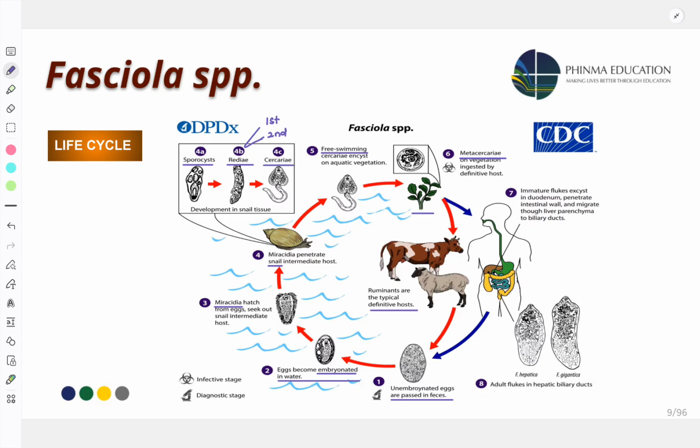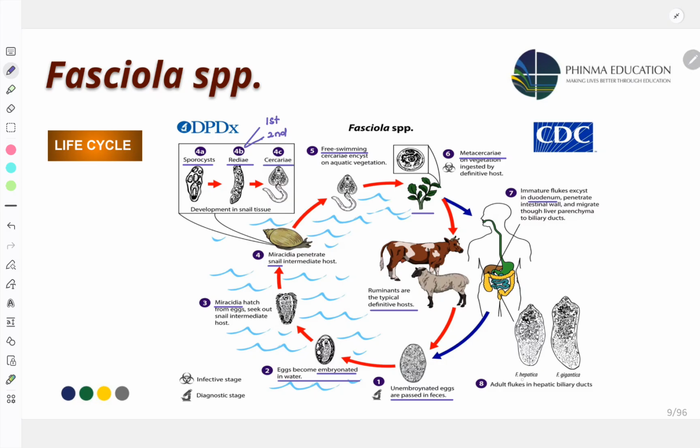So excystation, di ba nag-encyst man siya, so it needs to excyst. So the excystation happens in the duodenum. So after excystation, it penetrates the intestinal wall and migrates through. So from your duodenum, it penetrate niya ang intestine and it migrates to the liver.